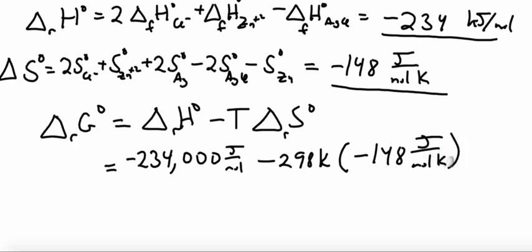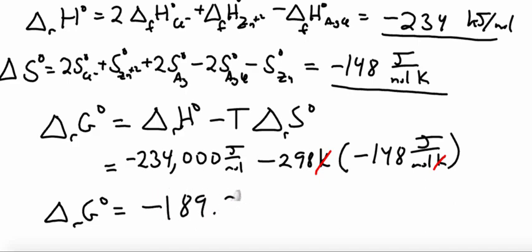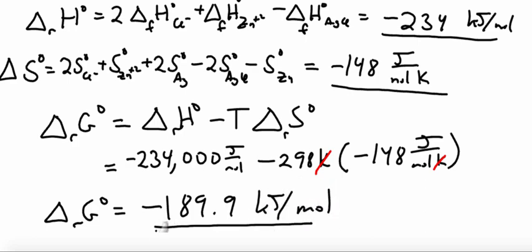So we can see we're going to be canceling our kelvins, and so we end up with joules per mole subtracted from joules per mole, so our units work out, and we end up with delta G standard being negative 189.9 kilojoules per mole. So we convert that back to kilojoules. Okay, so we've got delta G standard.